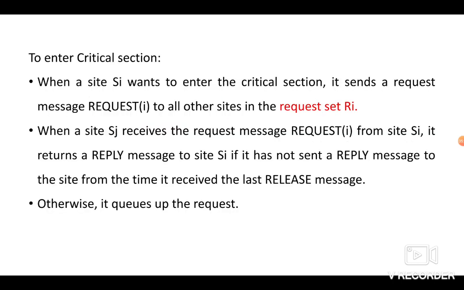To enter the critical section, if site Si wants to enter, as I told, it has to send the request message to all the other sites in the request set Ri. When some other site, let it be Sj, receives the request message from Si, it has to send a reply message, if it has not sent a reply message to any site since the time it received the last release message. That is the condition for sending the reply message.